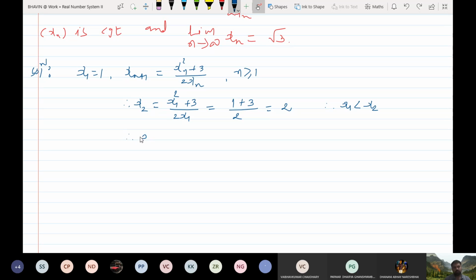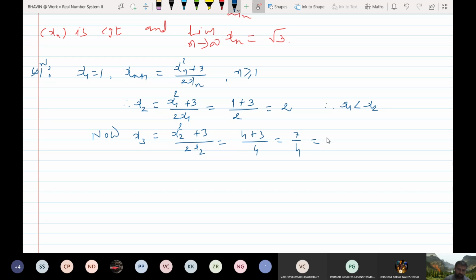Now x3. From x2, then x3. What is x3? x2 square, now this is 4 plus 3 by 2 into 2, that is 7 by 4.